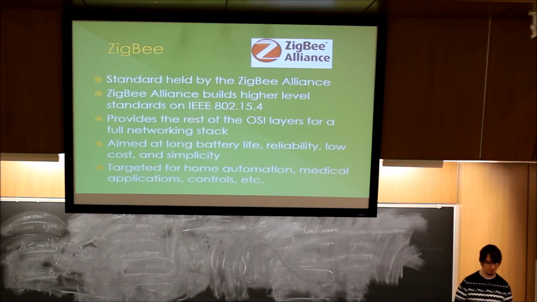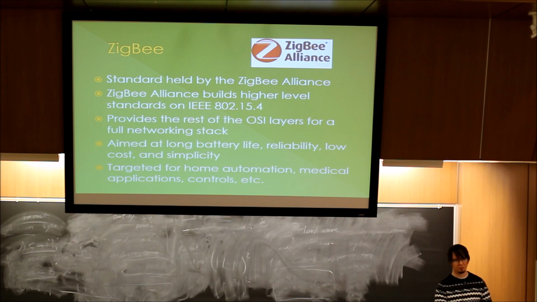So ZigBee Networks. ZigBee is a standard held by the ZigBee Alliance, and it builds on top of 802.15.4. There's a few different little variations of this, like I mentioned DigiMesh earlier, which is proprietary for Digi, the people that make XBee, and it's just an offset from ZigBee.